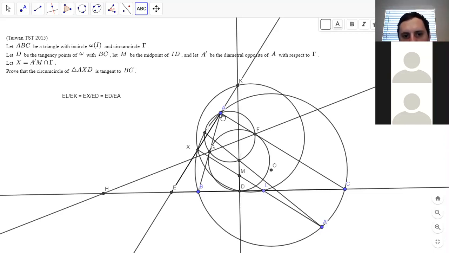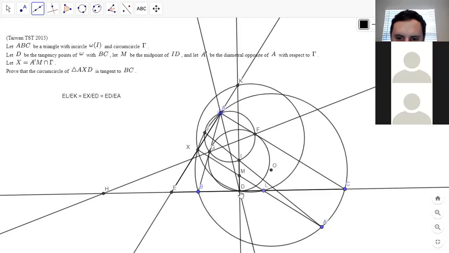So then we would get X. I'm not sure what this point would be. Oh, it's all right.